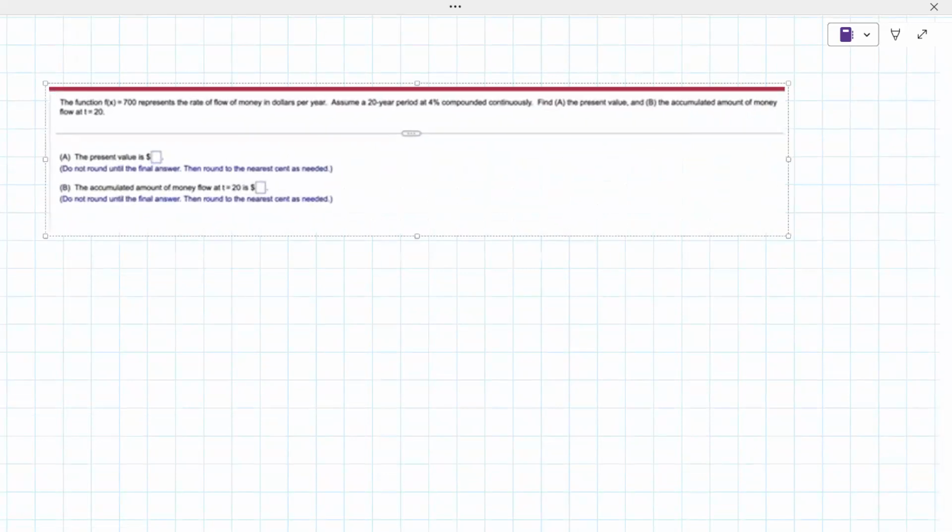Okay, so the next question here, these continuous flow problems, they have a certain formula for them.